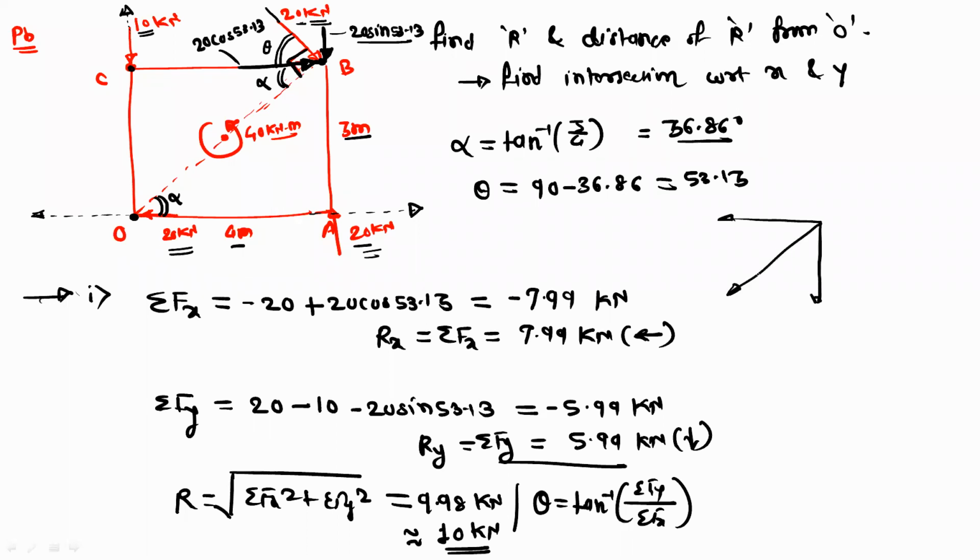This is the resultant direction, this is theta and this is R. So theta is equal to tan inverse 5.99 divided by 7.99, which is 36.86. Now we have to find out the distance of the resultant with respect to point O.